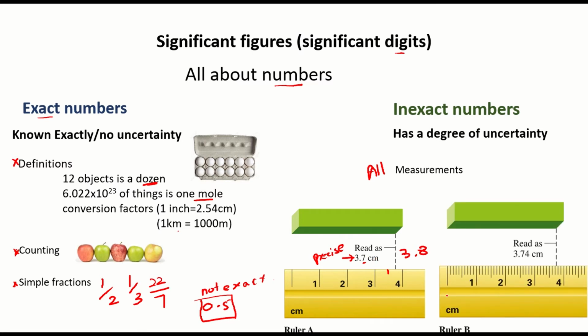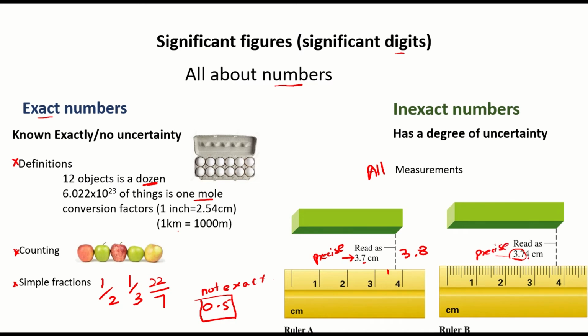Let's go to the next ruler that we are going to use. The same object. Now in this ruler you can see millimeter increments, and you can clearly read all the way up to 3.7. Everyone can read the first two digits with precision. These two digits are precise.